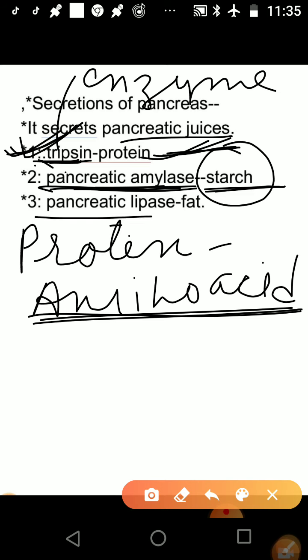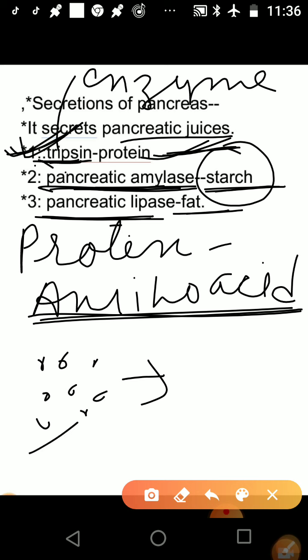Then they release pancreatic lipase that acts on fat. So after emulsification of fat with bile juice, the droplets of fat are converted by these lipases into fatty acid and glycerol.